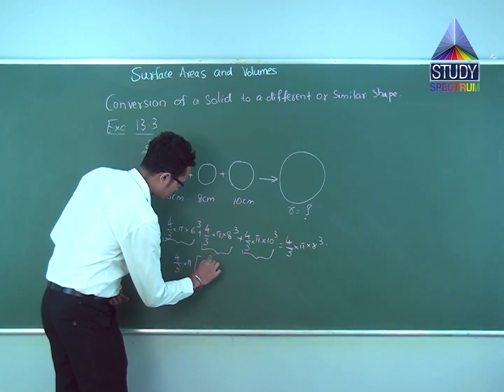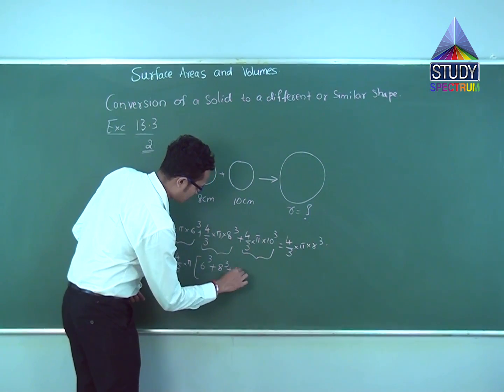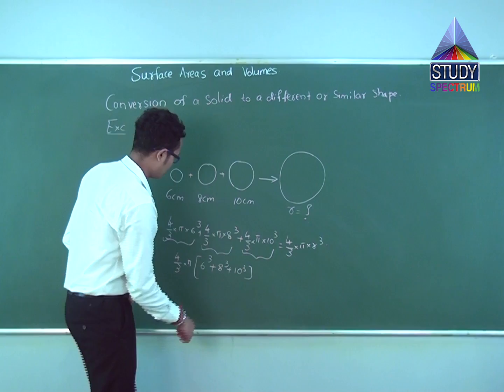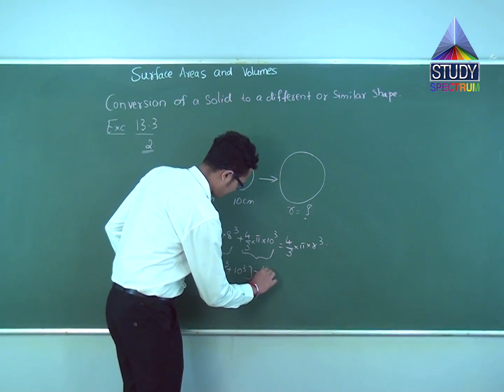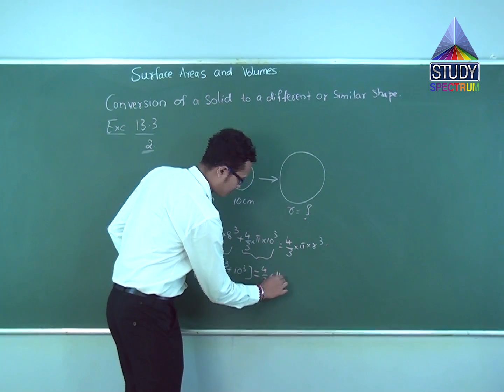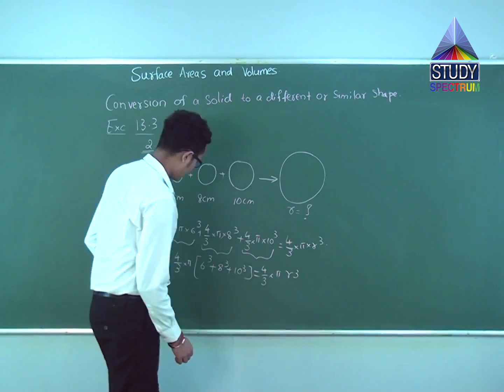I get 6 cube plus 8 cube plus 10 cube equals 4 by 3 pi r cube.